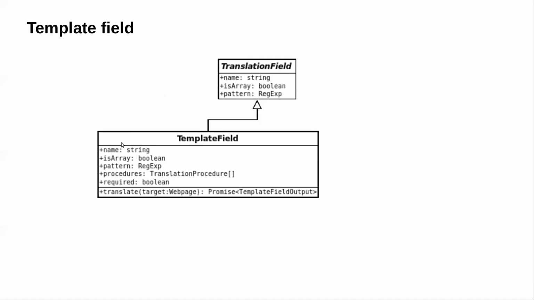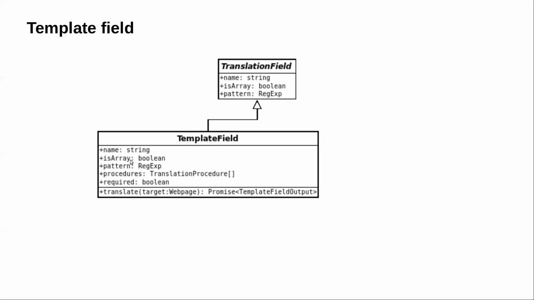But the template field has a name property which tells us the name of the field. It can be item type, author last, title, and so on. It has a couple of properties regarding validation. So, is the value for this field an array or not? For example, if it is a title, it should not be an array. We only have one title for a source.